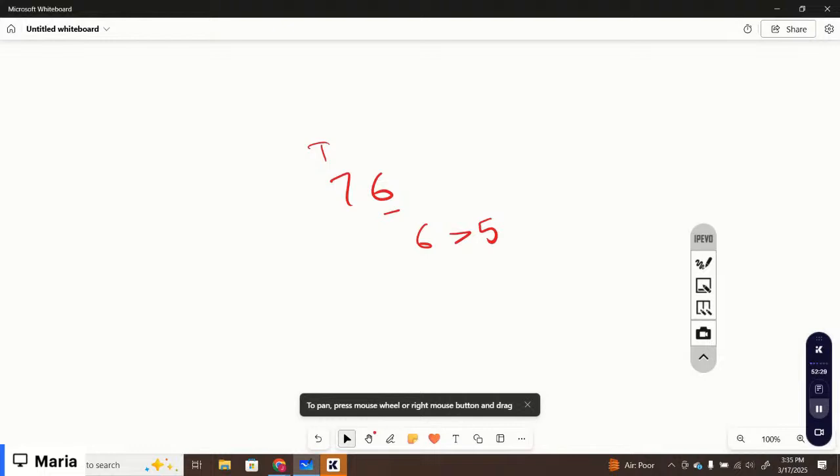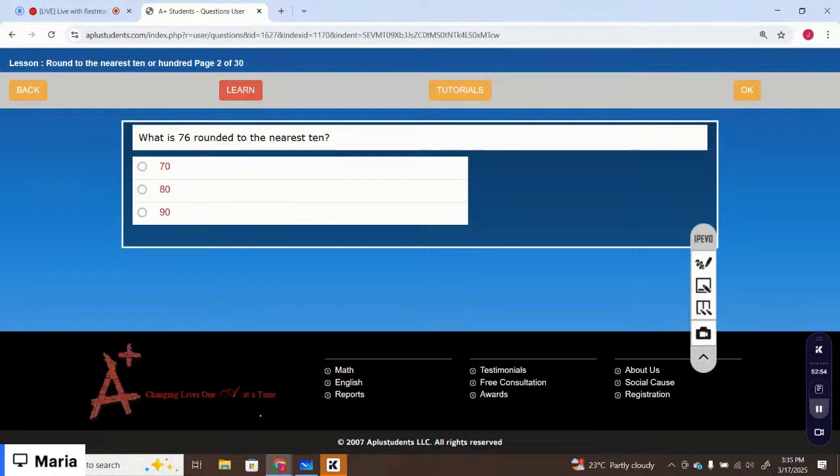We need to round up. So it would be rounded to 80. The correct option is 80. Option number 2 is the correct option.